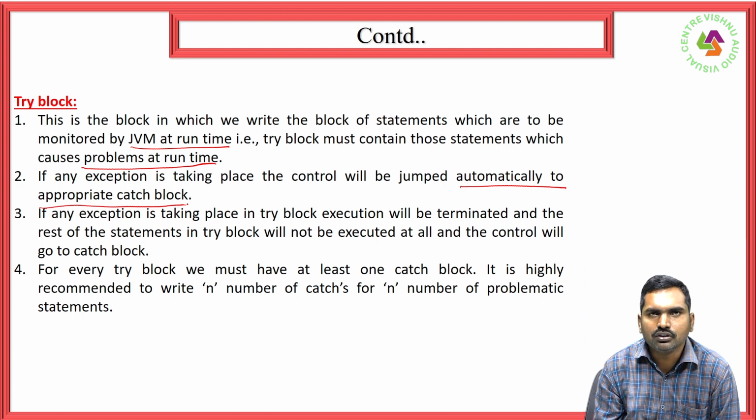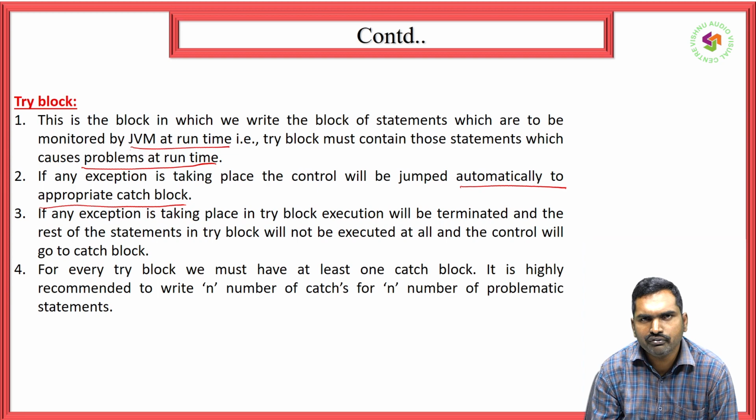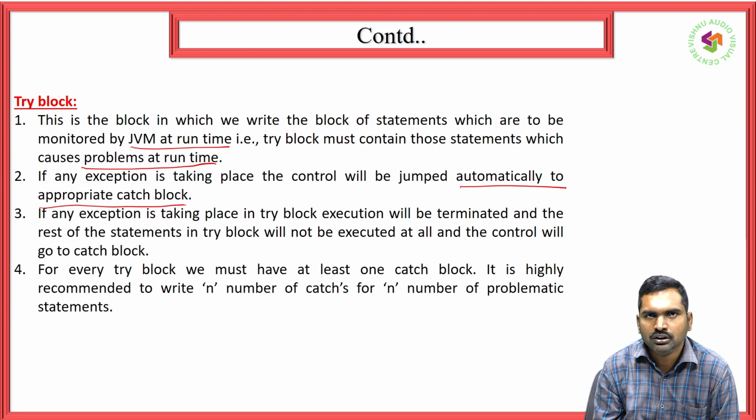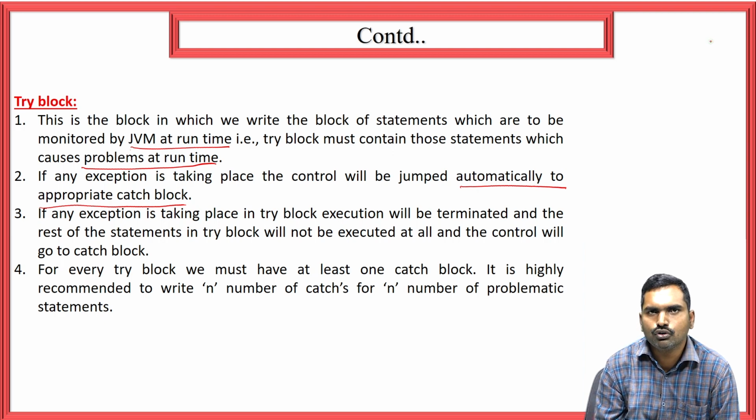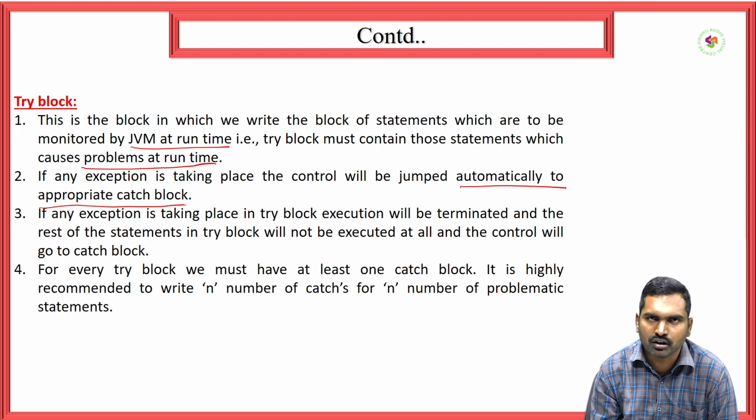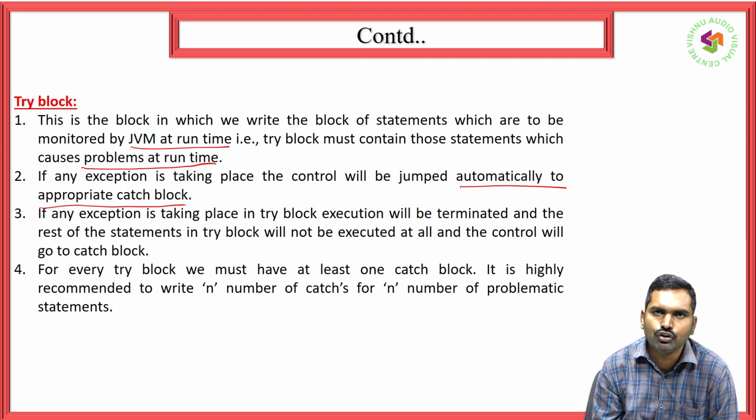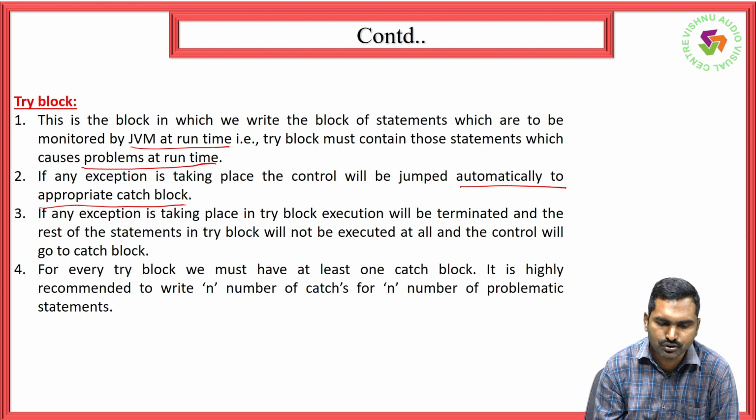We can write more than one catch block for one try block. Out of n catch blocks, the control will go to only one catch block, and only that one will be executed.